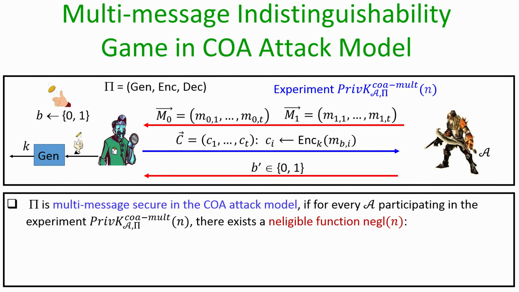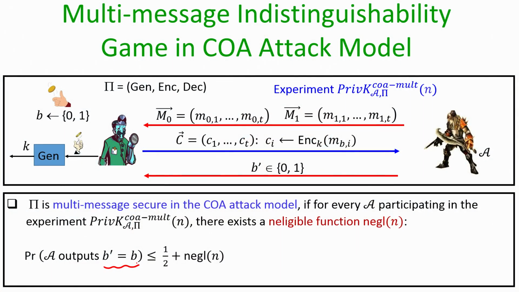The definition of multi-message security is: we say that our encryption process is multi-message secure in the COA attack model if for any polynomial time adversary participating in this experiment there exists a negligible function such that the probability with which our adversary A could output b equal to b dash, that means it can correctly identify which vector has been encrypted, is upper bounded by half plus a negligible function in the security parameter.